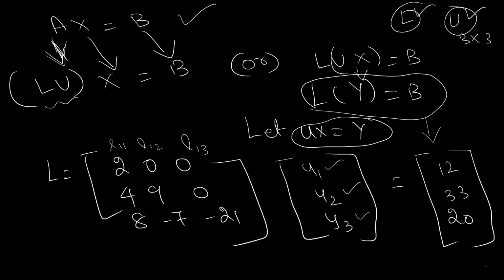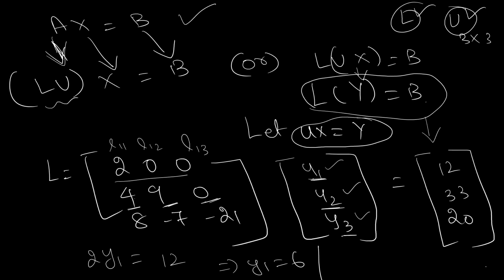Now we are just going to multiply this. So first row, first column, what will I get? 2y1. What is there on the right hand side? 12. Okay. So what is y1? 6. Similarly, second row, first column: 4y1 plus 9y2 plus 0 into y3. 0 into anything is 0.